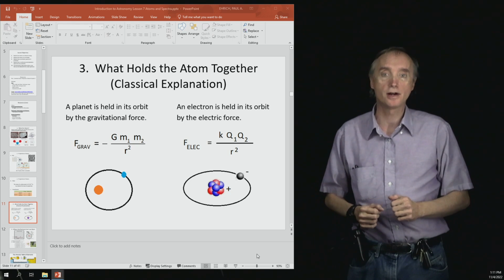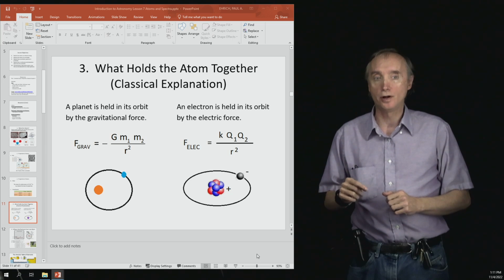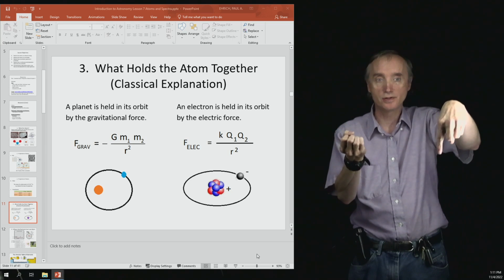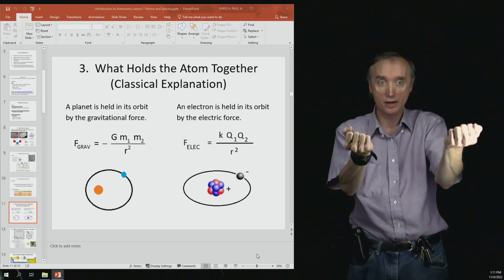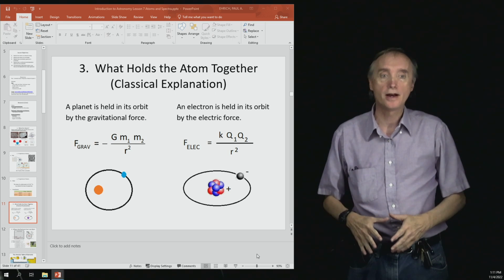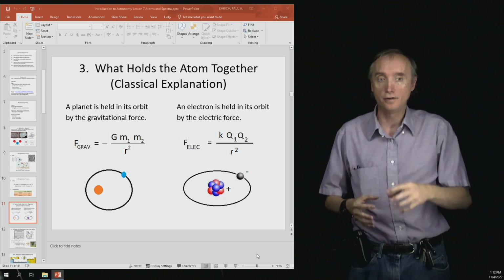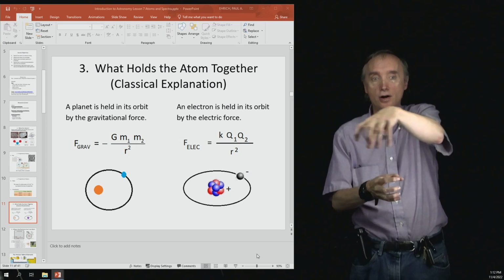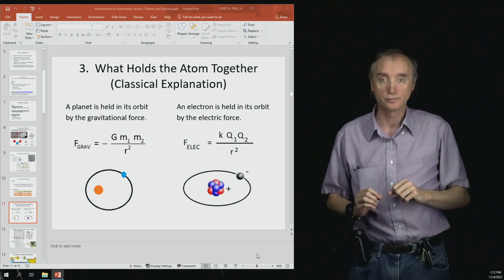Then you have mass number one and mass number two, separated by a distance r, and they're going to experience a force of gravity that tries to pull them together. We found out in a previous lesson that it's the force of gravity of a star pulling on a planet that causes it to go into an orbit around it.